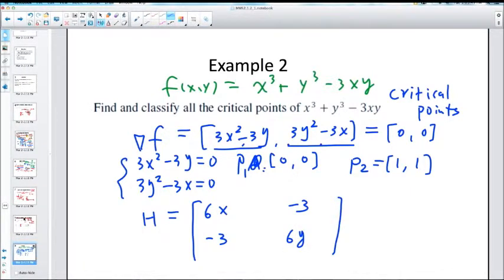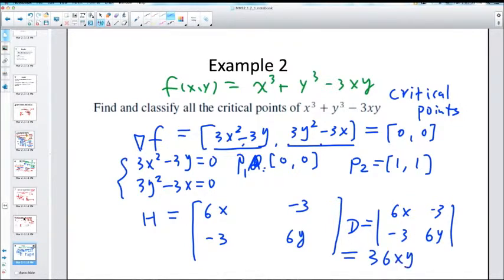And then this is a matrix. The determinant is going to be 36xy minus 9. Okay, so that doesn't give you a number. When you plug in the points here and here, you're going to get a number.